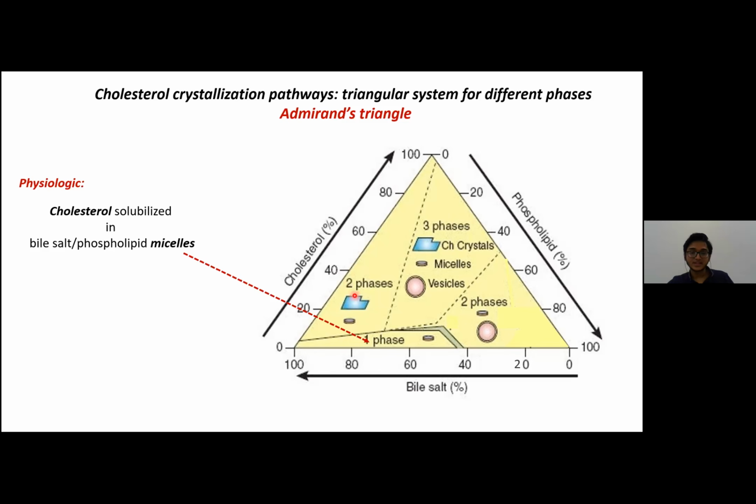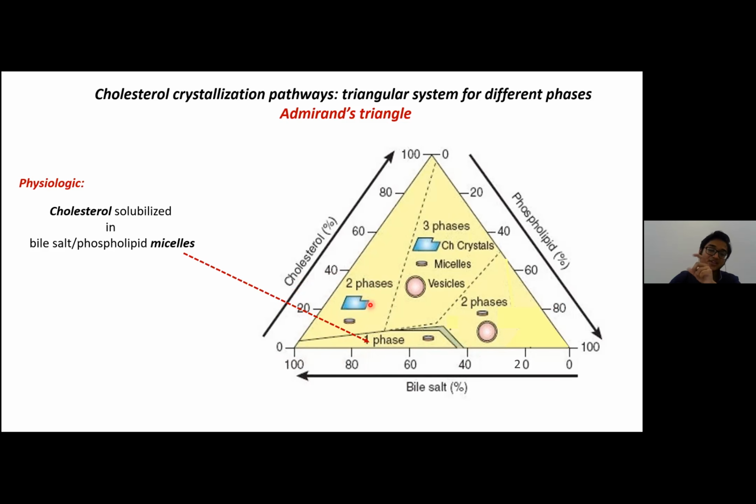In these two phases, you have low phospholipid and high bile salt. If you have high bile salt and low phospholipid, you have low cholesterol here. Okay, let me explain this one more time, sorry. Cholesterol is low here, okay? But phospholipid is not as high as it could be. Bile salt is high, so the main thing you have is micelles.